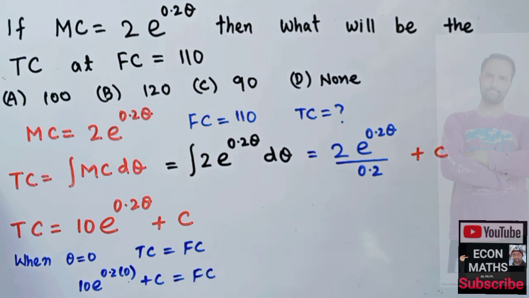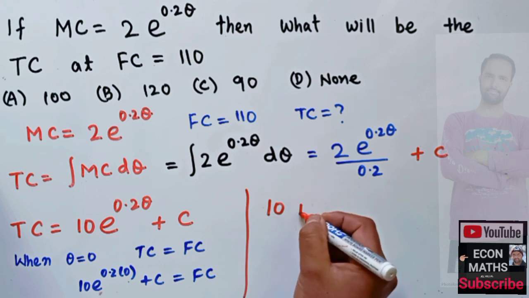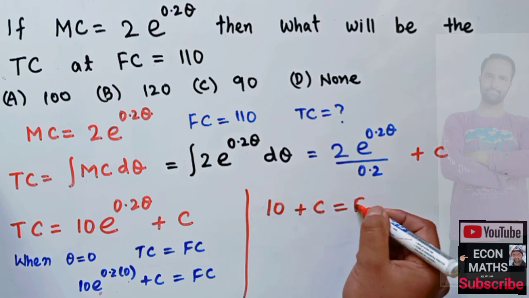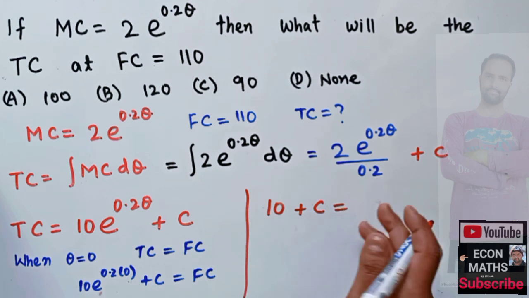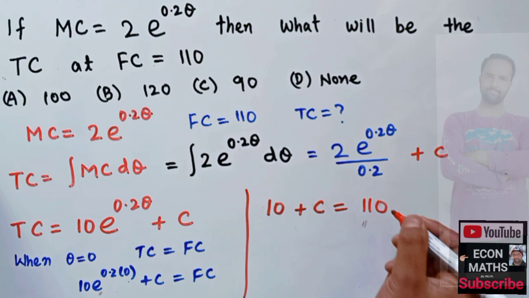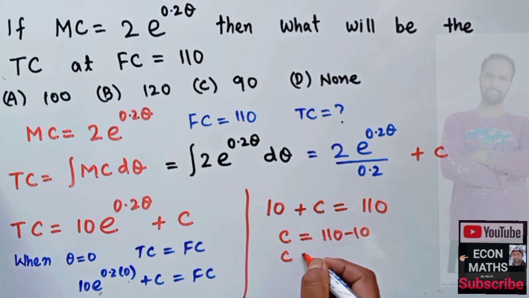Anything raised to the power 0 is 1, so e to the power 0 is 1, and we get here 10 plus c is equal to fixed cost. Fixed cost is given as 110. That means the value of the constant of integration is 110 minus 10, which comes out to be 100.